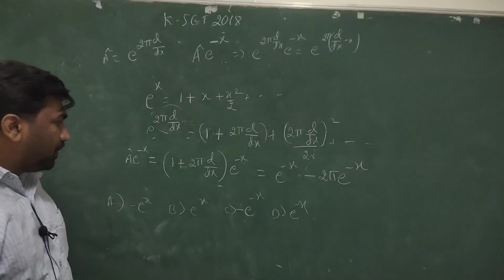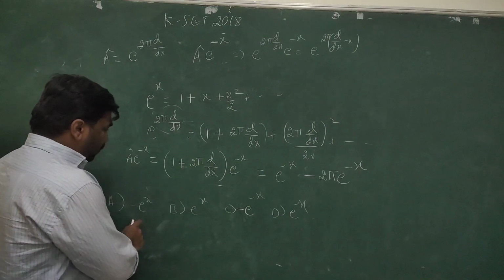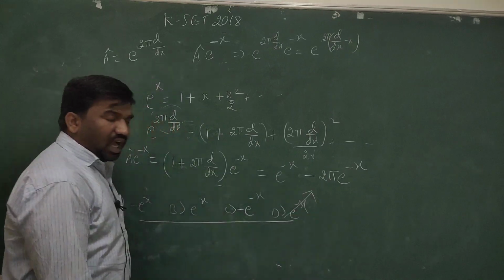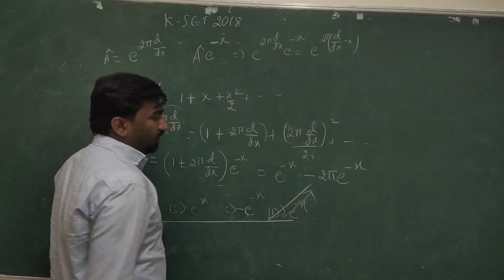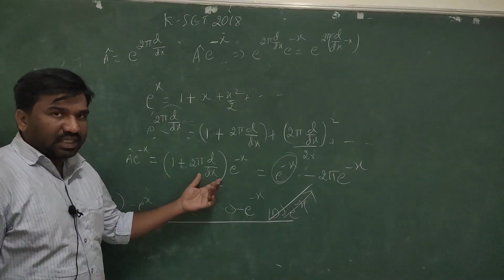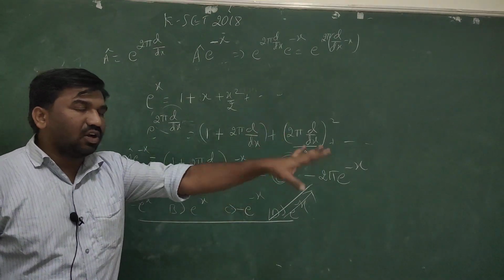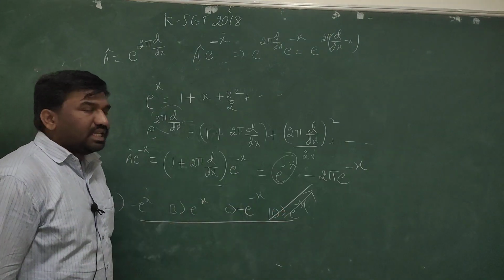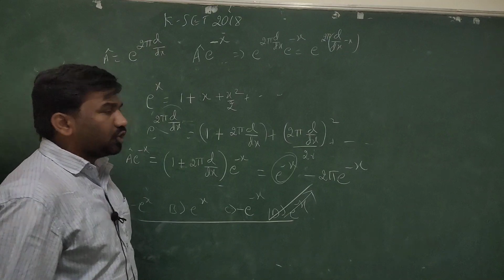In the given options we got only e power minus x, so this is the answer. Option D is correct. They are considering only the first part of the exponential term and neglecting higher order terms. So e power minus x, option D, is the correct answer in the given question.